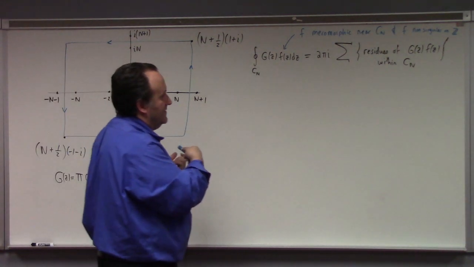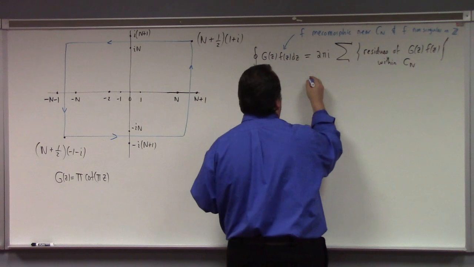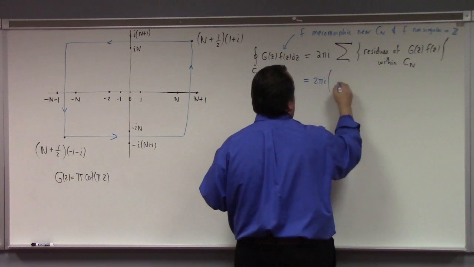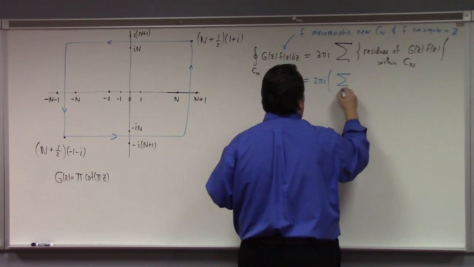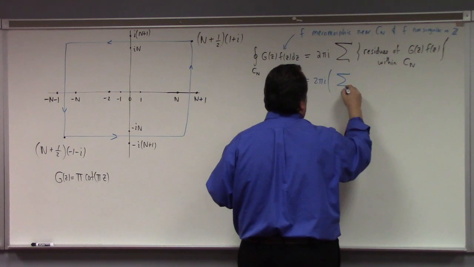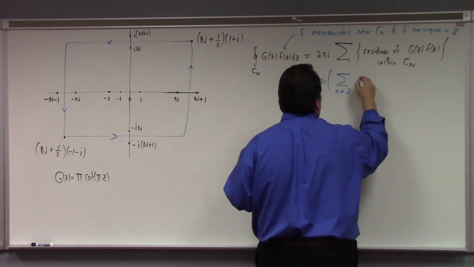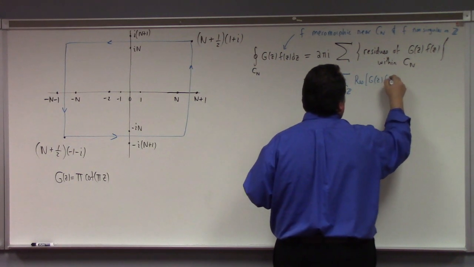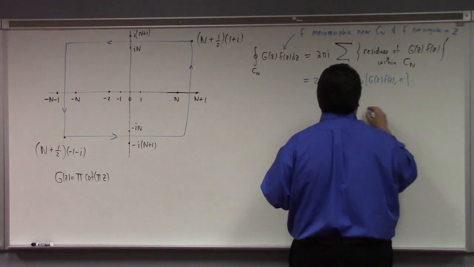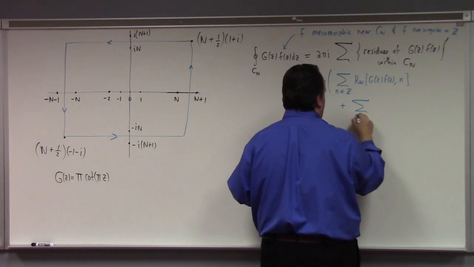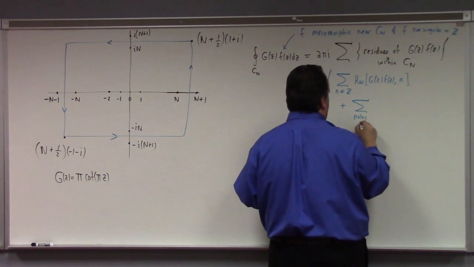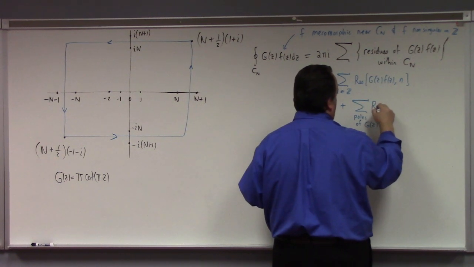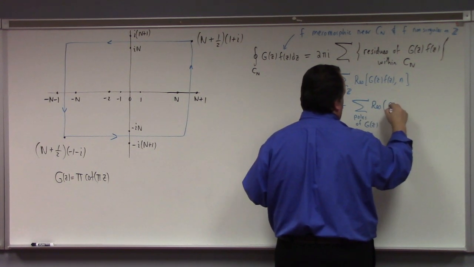If that's the case, then this we can write as 2 pi i times the sum over n in Z of the residue of G of z f of z at n, plus the sum over the poles of G of z f of z, of the residue of G of z f of z.